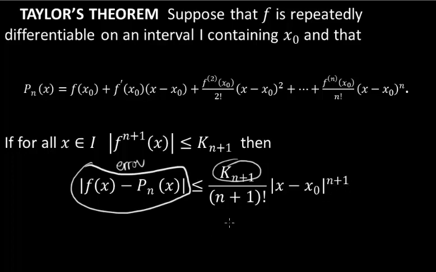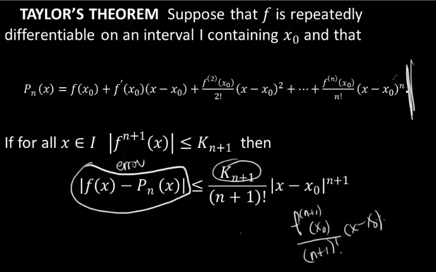Notice that in this slide, we chopped it off at n. The next term would be the n plus first derivative at x naught, divided by n plus 1 factorial times (x minus x naught) to the n plus 1. That would be the next term in the series.